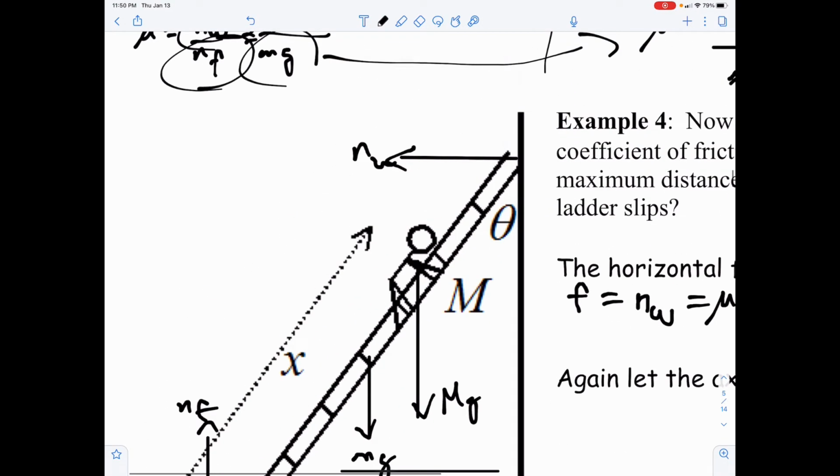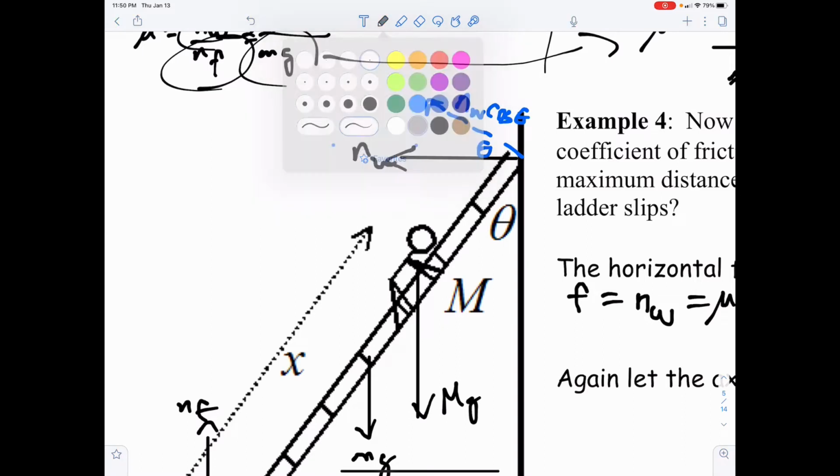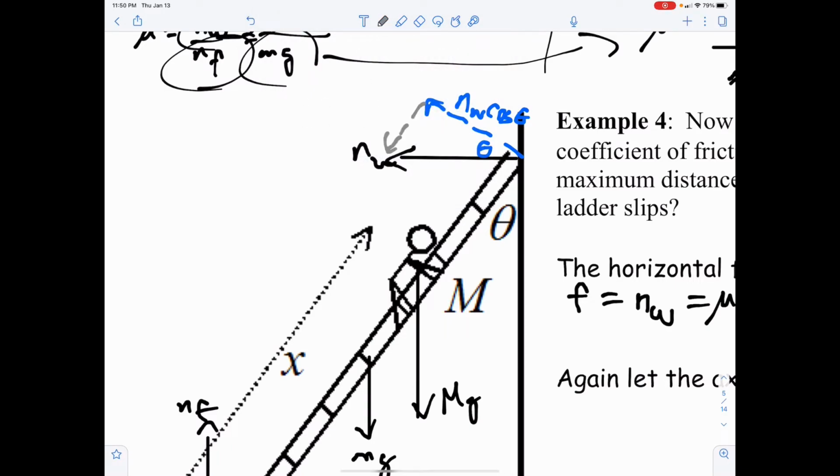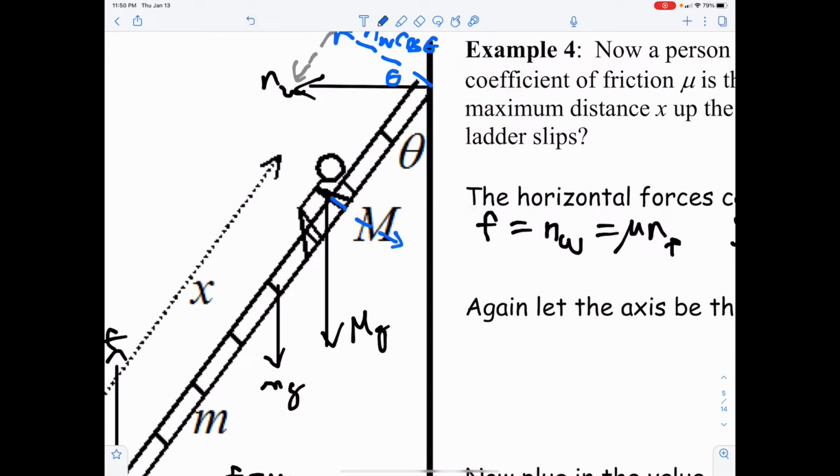So let's do those components again. We've got the perpendicular component. Remember, this one was N from the wall times the cosine of the angle, that's theta. And then you've got this one here, where this is again the angle, and then you've got this little one here, where that is again the angle.